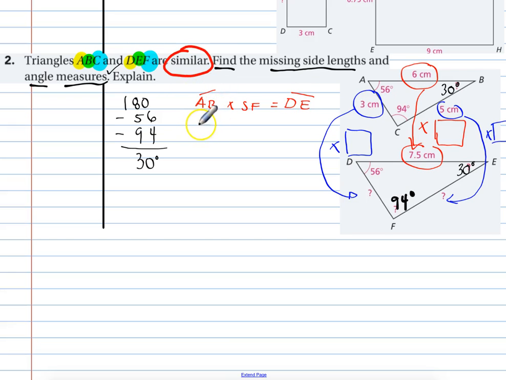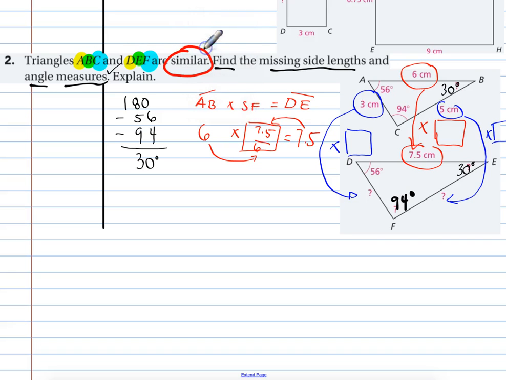AB is 6 centimeters times something, and that's going to equal 7.5. Again, our scale factor is these two numbers, and we figured that out through fact families. 7.5 over 6.